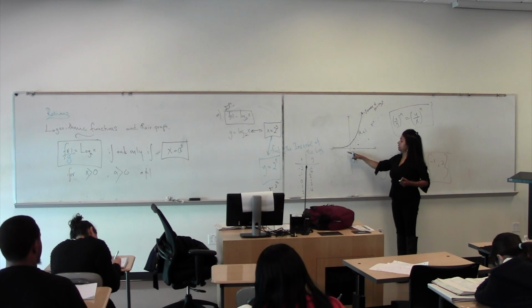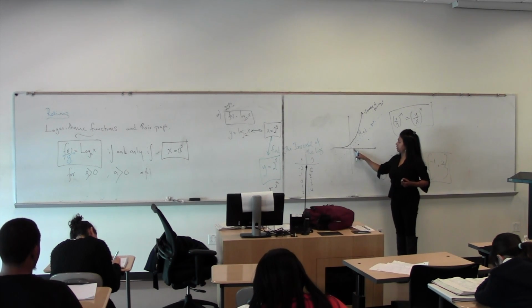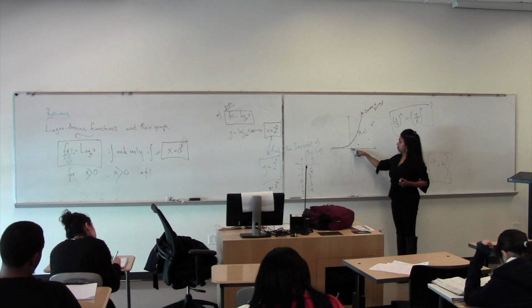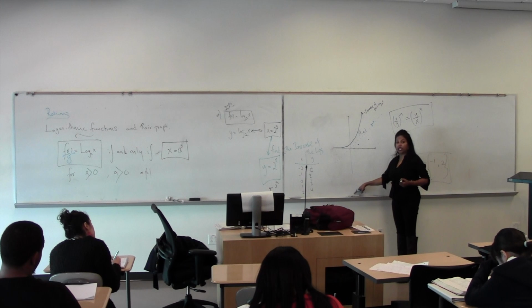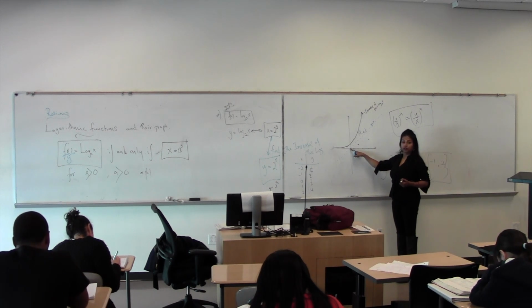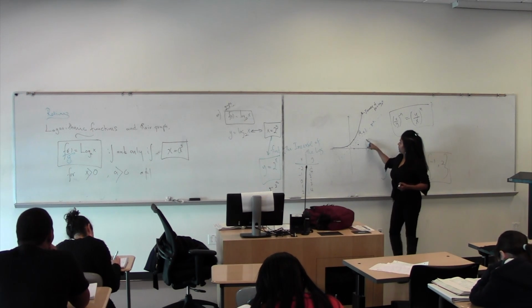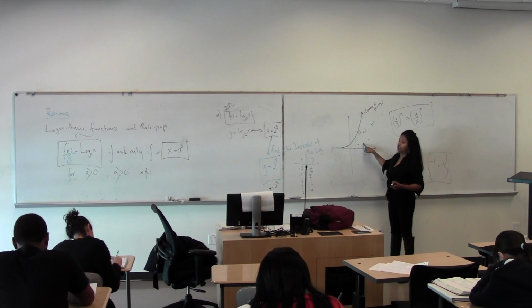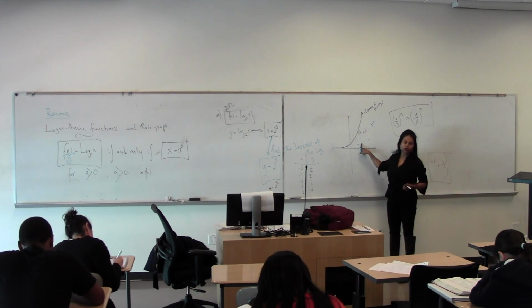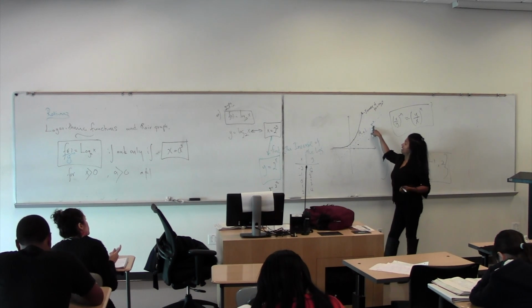You can pick points in between, and the y values are going to get bigger and bigger, but the graph is not going to touch the y-axis here. So what do we know about this graph and this graph? They are symmetric with respect to the y equals x line.